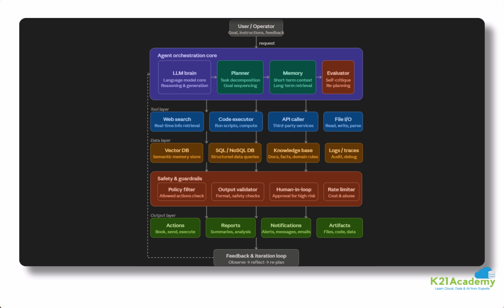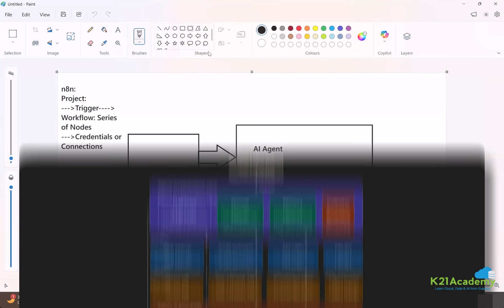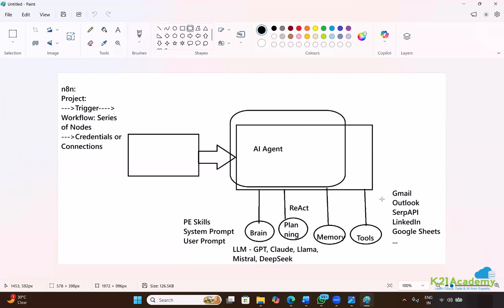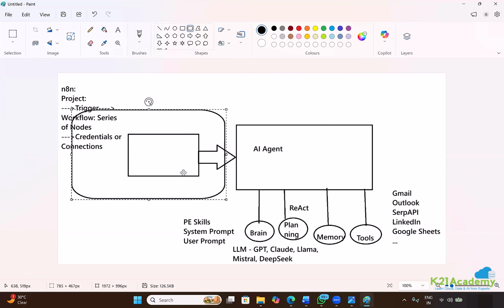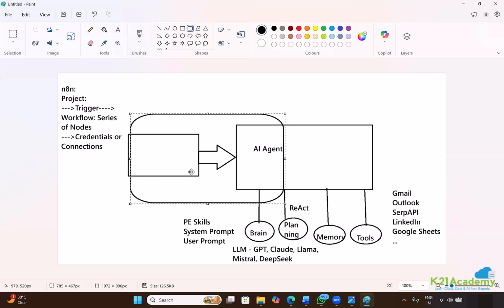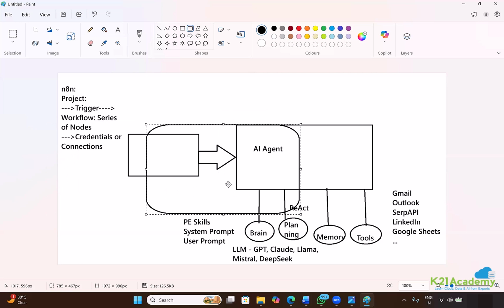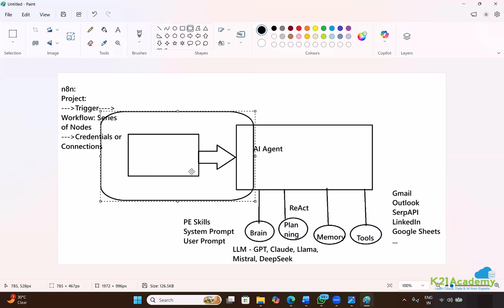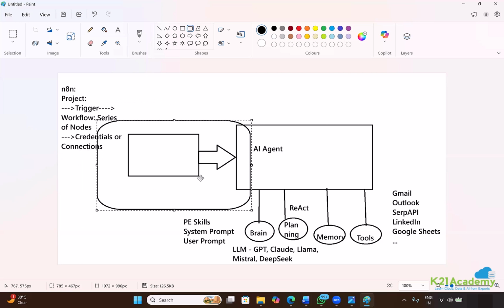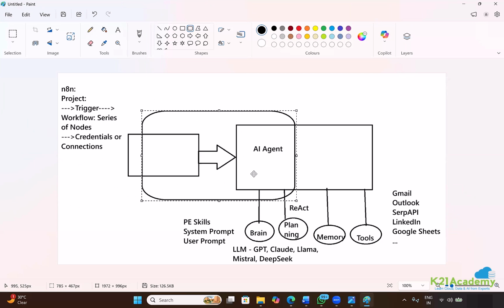What forms an agent? It's very important for us to understand. An agent is something that gets triggered on some event. I fire some prompt, and the agent gets triggered. Or it could be some external event which triggers an agent.